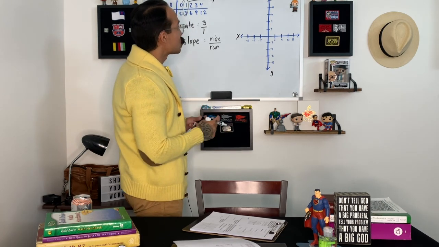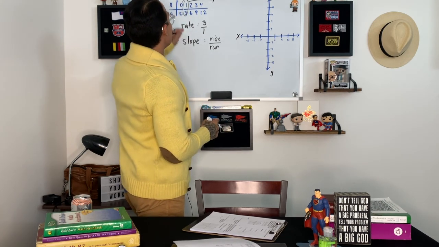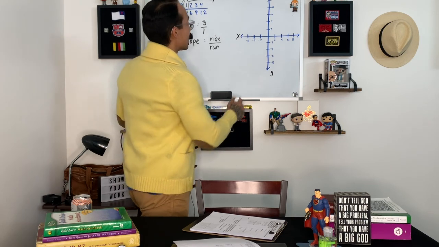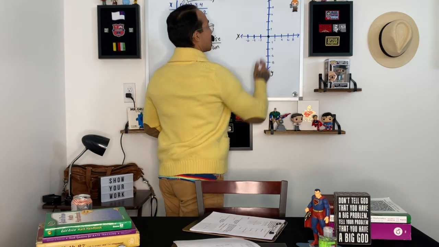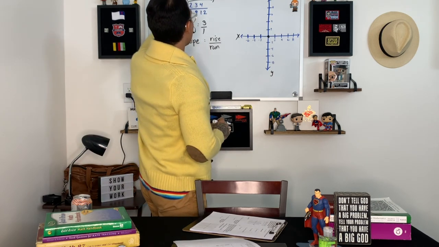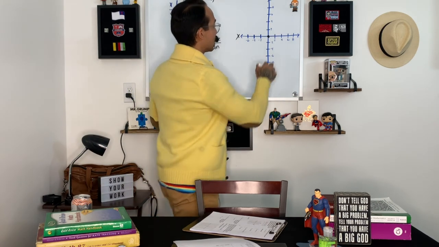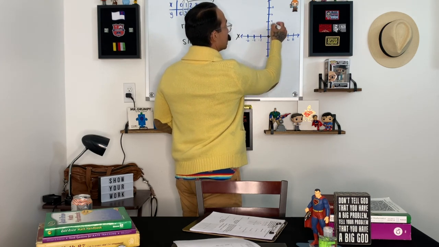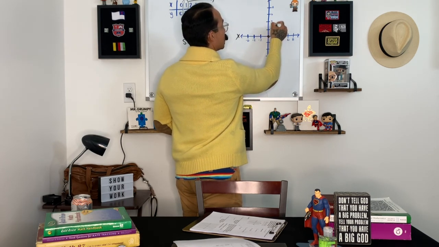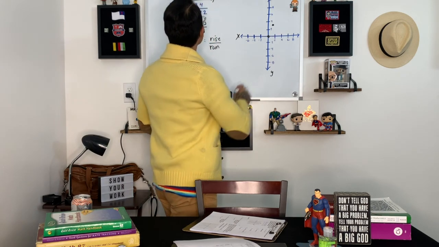Next, we're asked to go ahead and graph that. And so we can just use these values and start to plug them in. 0, 0, that dot goes there. 1, 3, I go over here. 1 is going to be in between 0 and 2. 3 is going to be up here between 2 and 4. Then 2 and 6.